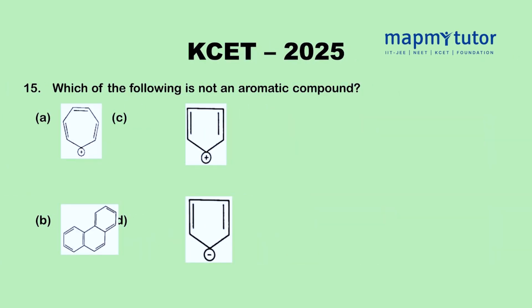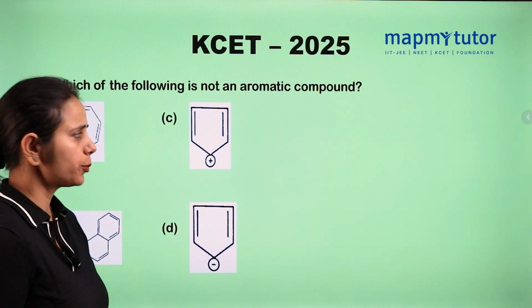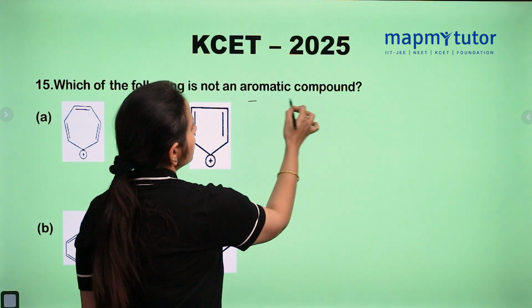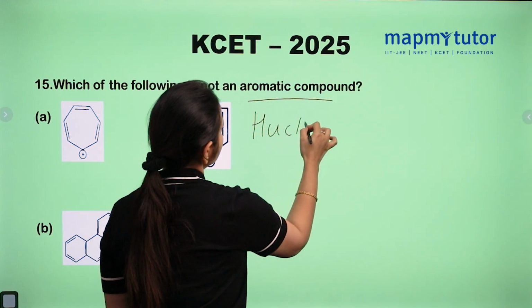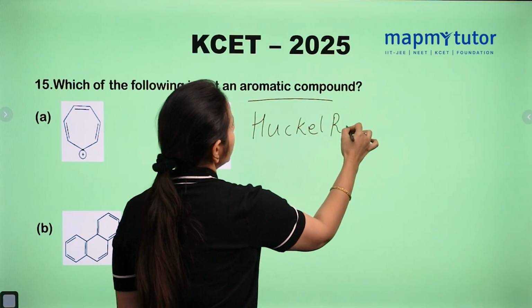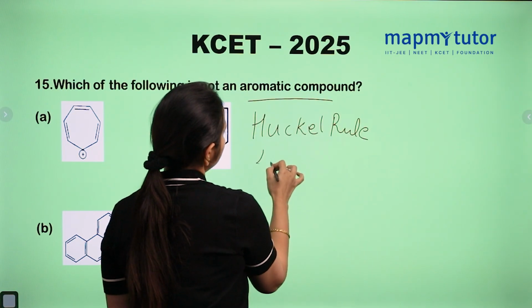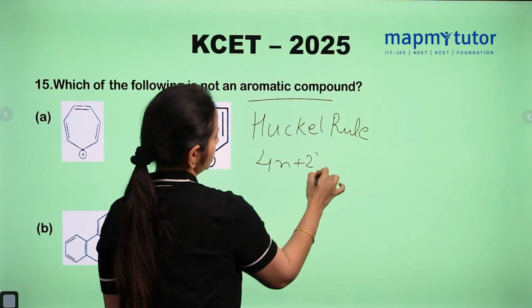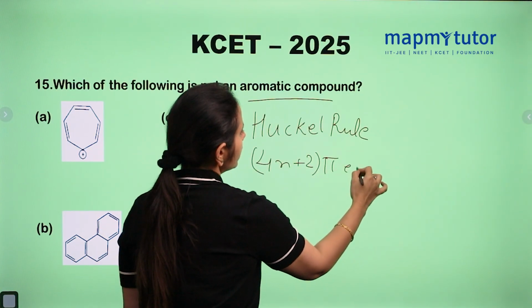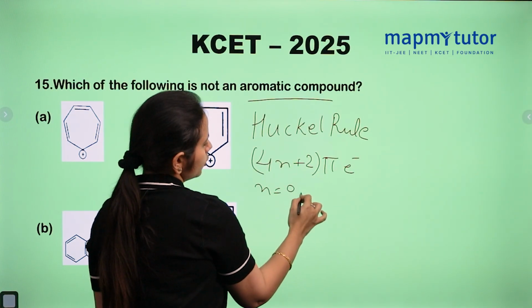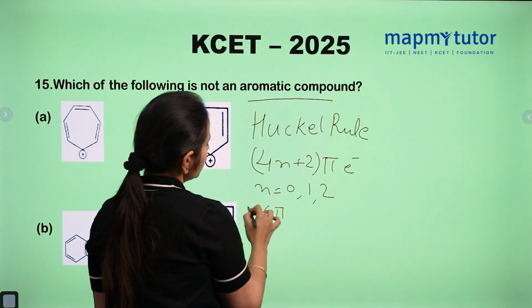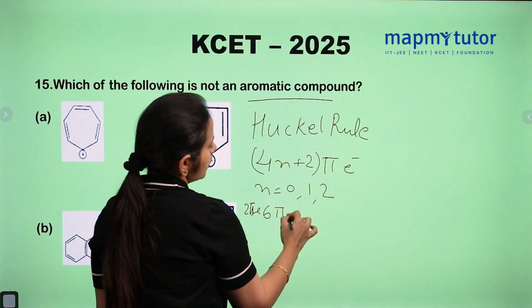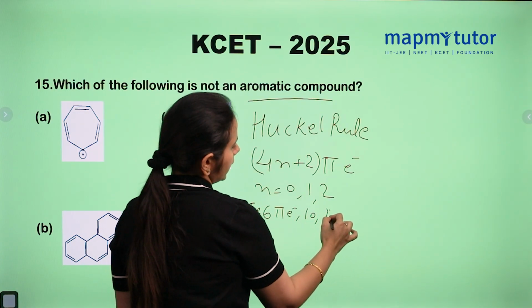Which of the following is not an aromatic compound? Do you know what an aromatic compound is? Aromatic compounds are those compounds which follow Huckel's rule. What does Huckel's rule say? That a compound must contain 4n plus 2 pi electrons, where n is 0, 1, 2, which means it can be 2 pi electrons, 6 pi electrons, 10 pi or 14 pi electrons.